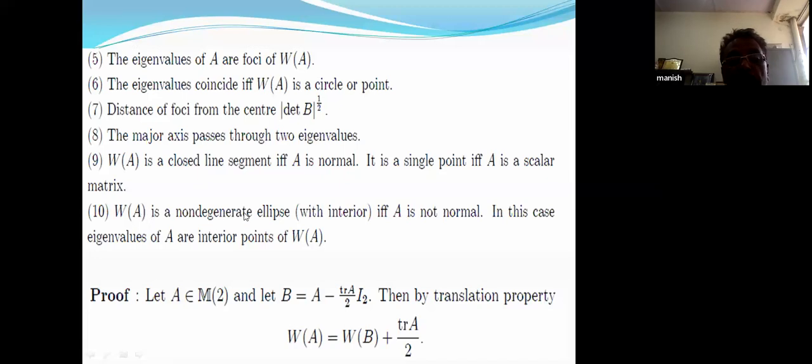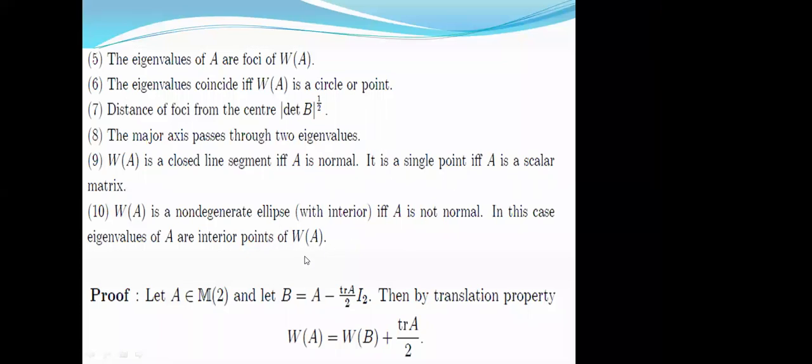That is, W(A) is a non-degenerate ellipse, clearly including its interior, if and only if A is not normal. And also, the eigenvalues of A are interior points of W(A) in this case. When A is normal, the eigenvalues are on the boundary. But when we have an ellipse or disk, the eigenvalues are in the interior of the numerical range of A.